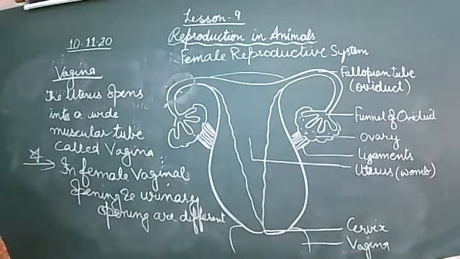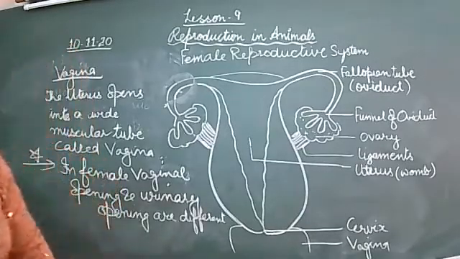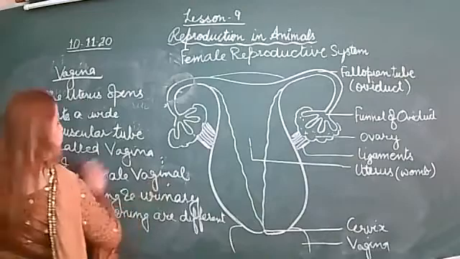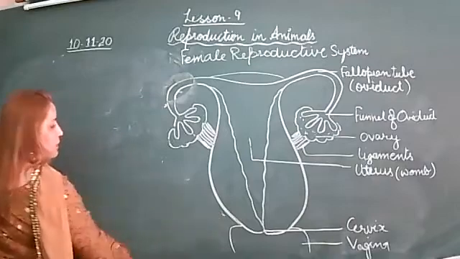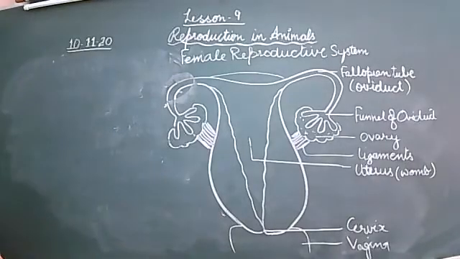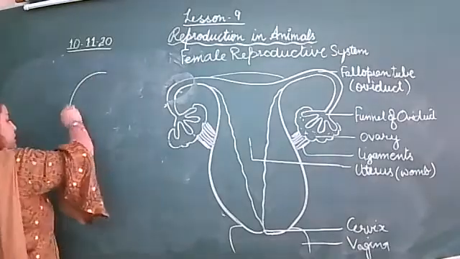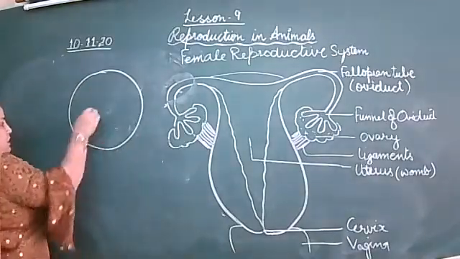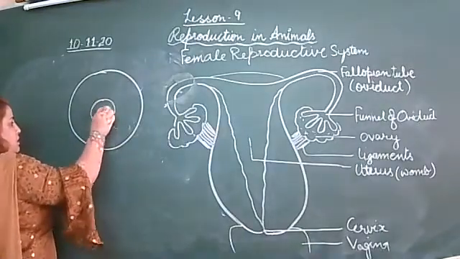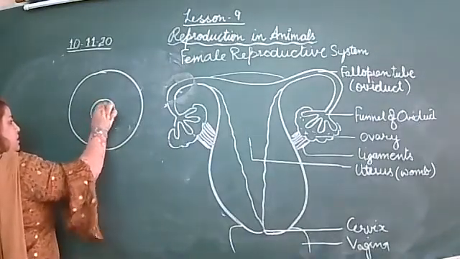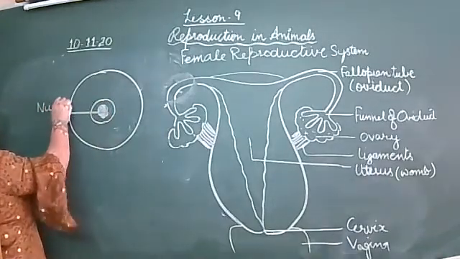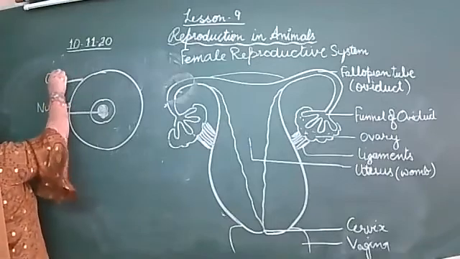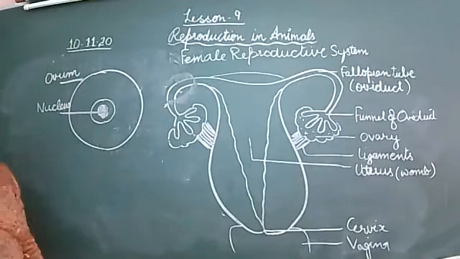After that, we will discuss the fertilization. But before that, just draw the diagram of sperm as well as egg. Firstly, I'm going to draw the diagram of an egg, ovum, with its nucleus. Egg or the ovum you will draw.